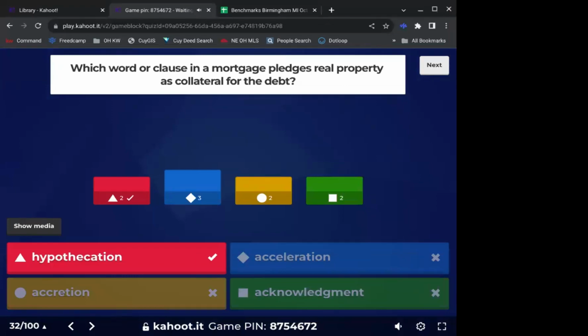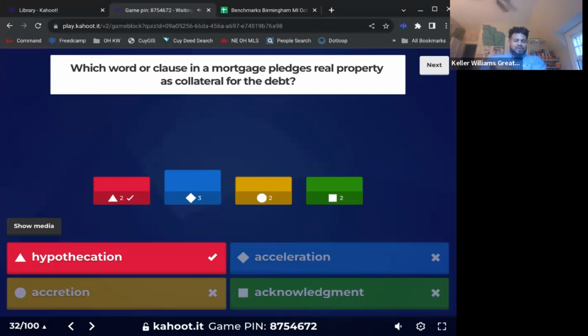So, got some people that need to work on vocabulary on this one. Hypothecation. Now, ask me if you'll ever have to know that after your test. Probably not. And at the same time, hypothecation is the word or clause in a mortgage that pledges real property. So it's just a word to remember, hypothecation.